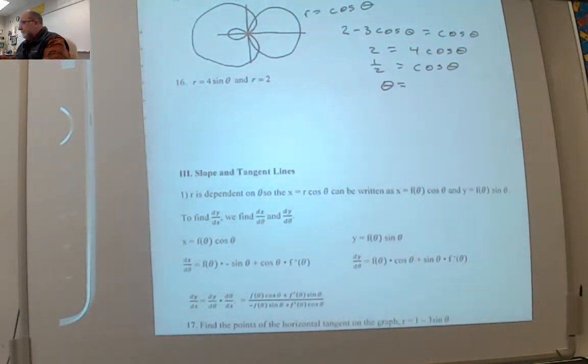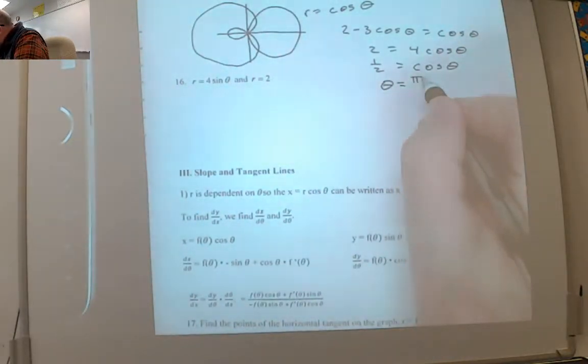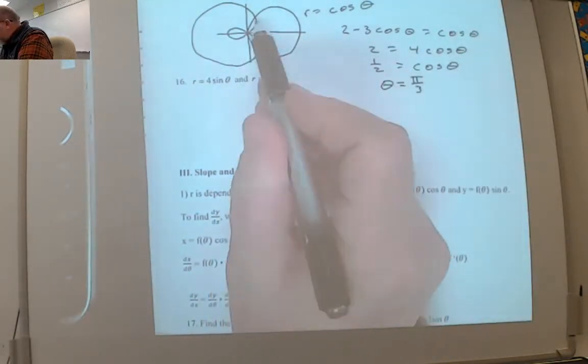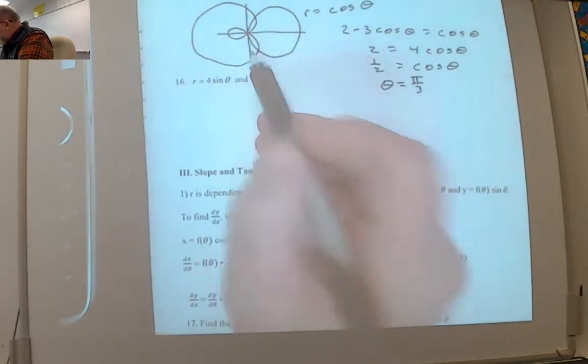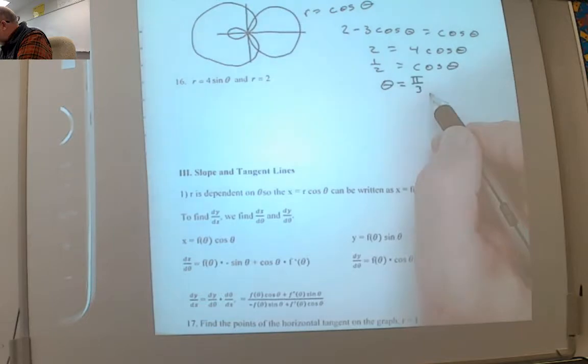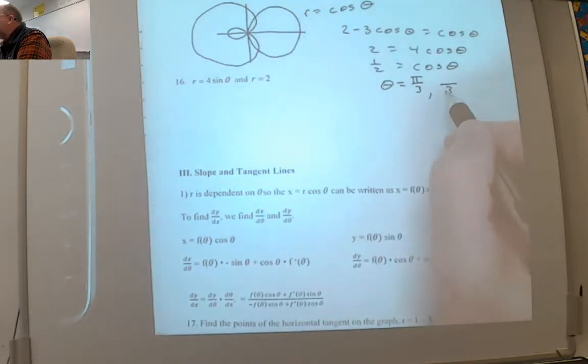Pi over 3. Now notice, it's got to be positive, correct? So pi over 3, and where else is cosine positive? The fourth quadrant, right? So what's that going to be? It's going to be something over 3. 5 pi over 3.